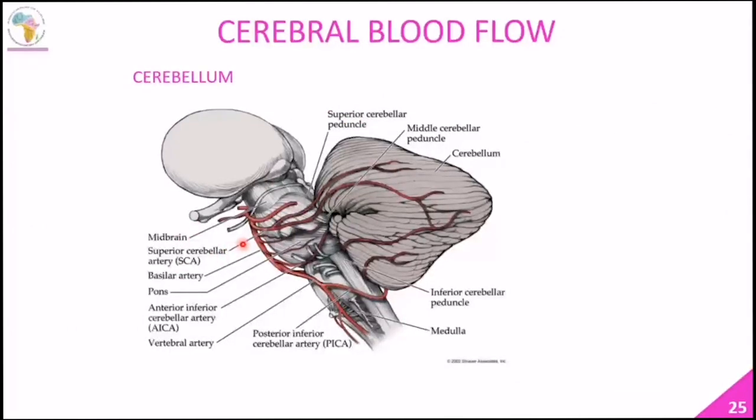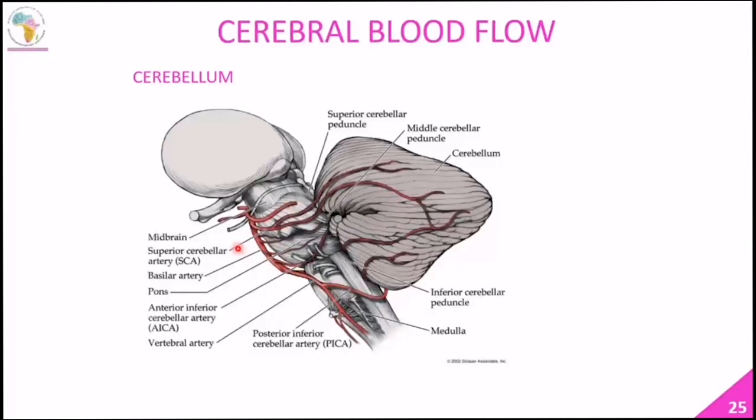This is one of the main arteries, and it comes off the basilar artery. I don't know if you can see that this is the basilar artery right here, and the superior cerebellar is one of the vessels that stem off of the basilar artery, and it wraps backwards to reach the cerebellum.